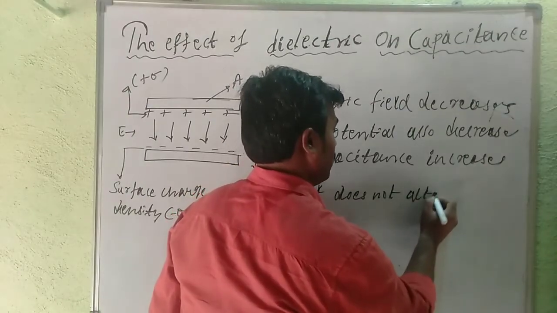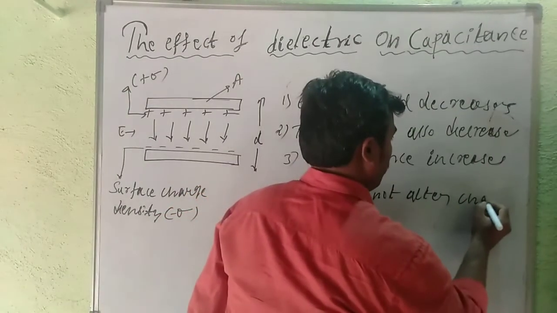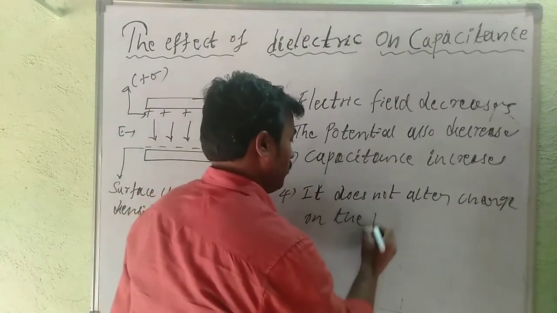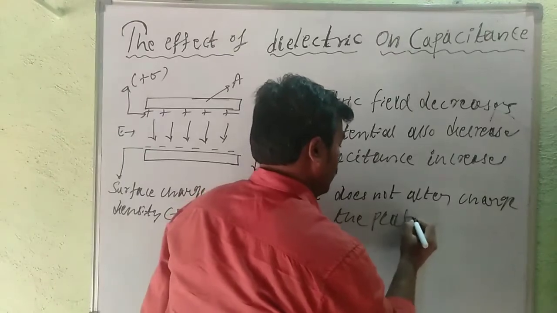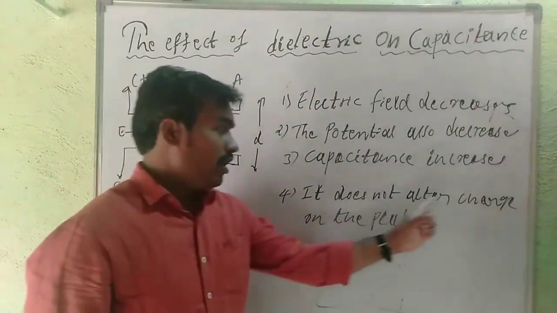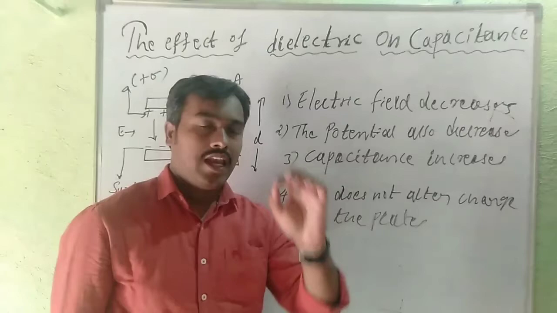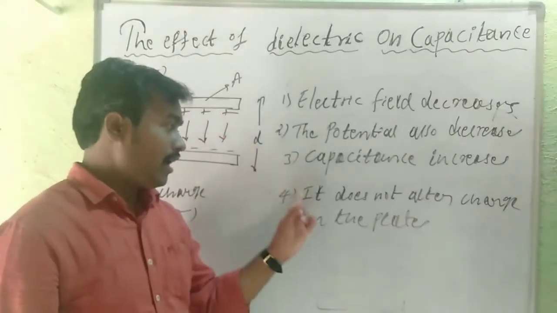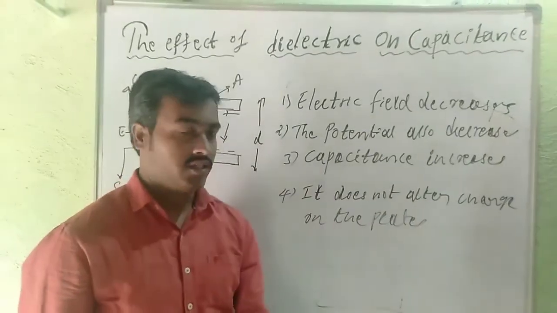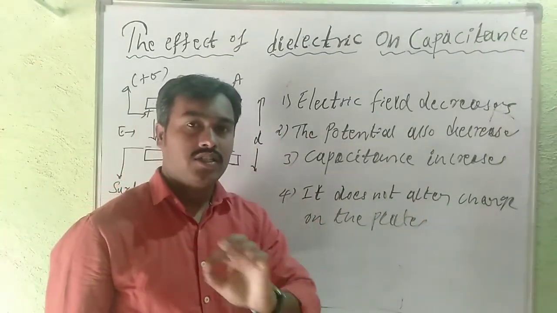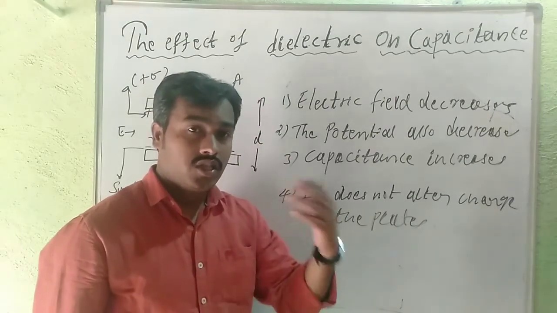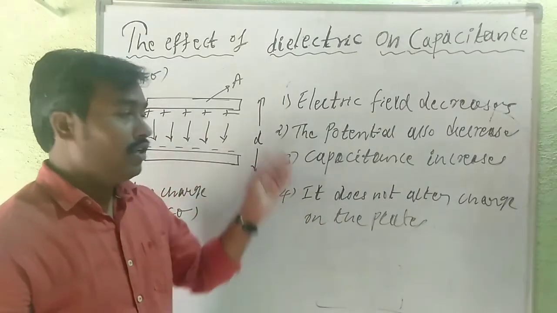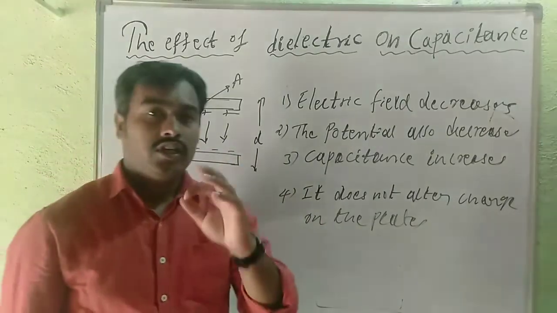Alter means change. It does not change the charge on the plates. So these are the effects of a dielectric on capacitance.